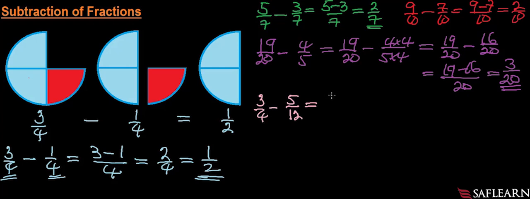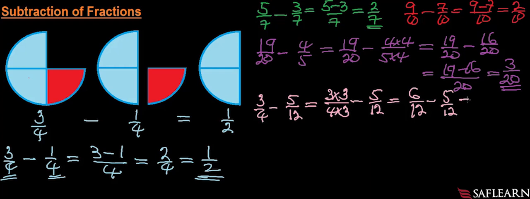So the denominator will be 4 times 3, and then the numerator will be 3 times 3, minus 5/12. Okay, that's going to give us 6/12 minus 5/12, which is equal to 6 minus 5 over 12, which is simply 1/12.